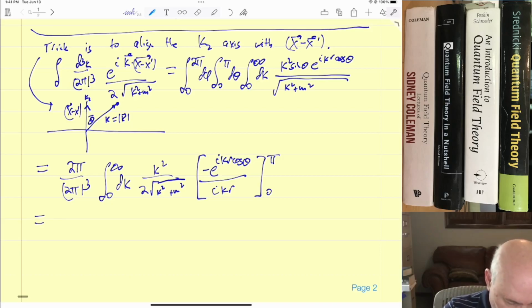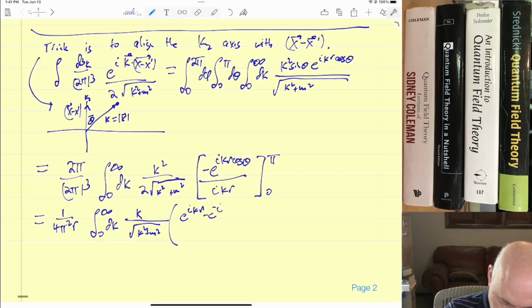This is equal to 1 over 4 pi squared r, the integral from 0 to infinity, dk k. Remember, a k cancels, so we lose a power there. k square root of k squared plus m squared, e to the ikr minus e to the minus ikr divided by 2i.